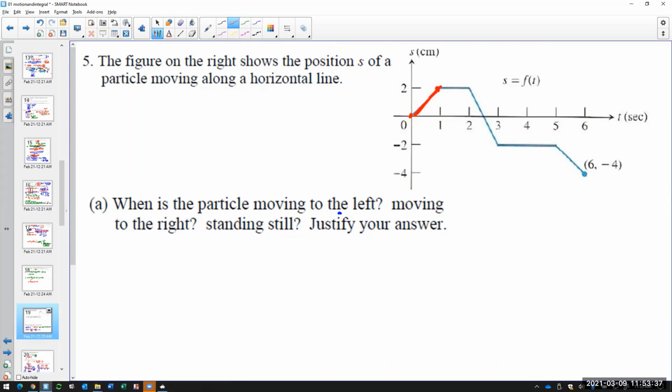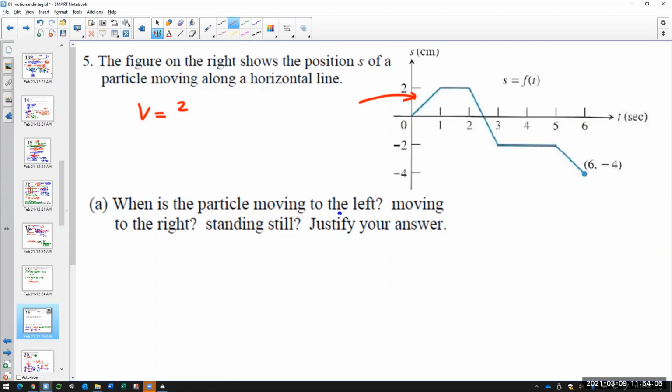I'm sorry, the derivative of position, right? So if this is position, the slope of this is going to be my velocity. Do you see that? So right here, you can see that your velocity is going to be equal to, there's a lot of ways to do it, but do you see that your velocity is equal to, we have a formula here for velocity, it's equal to the slope of this. And so do you see the slope of this is 2, yeah, 2 over 1.